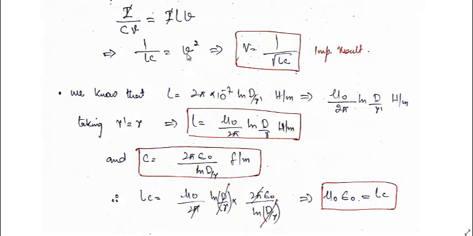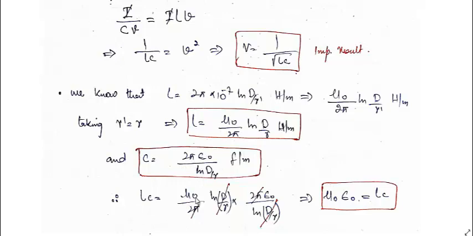I hope you remember this derivation; we have already done it in Power System first also. We know that L is equal to 2 into 10 to the power minus 7 ln of d by r Henry per meter. This can also be written as mu0 by 2 pi ln of d by r dash Henry per meter. Taking r dash equal to r, L is equal to mu0 by 2 pi ln of d by r. Similarly, C is equal to 2 pi epsilon divided by ln of d by r.